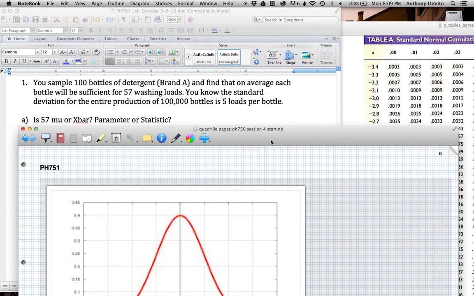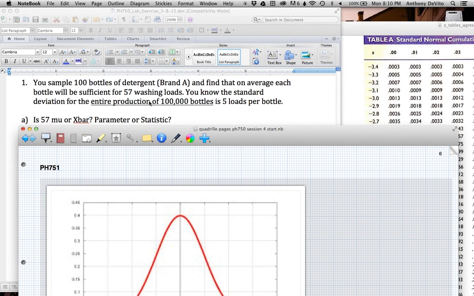It's the statistic. It's the average of a sample, not the population. Is that a parameter? No. You have an average for those 100 randomly sampled bottles. That's a sample average, x bar, right?